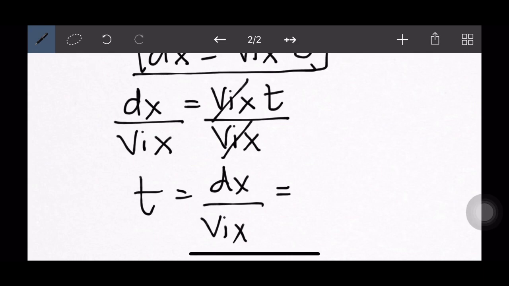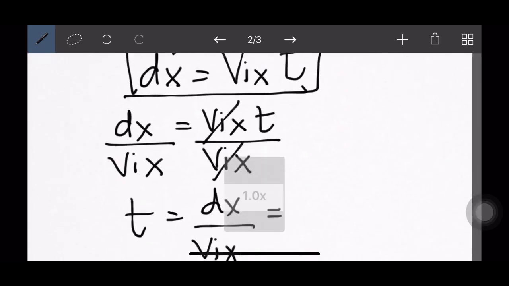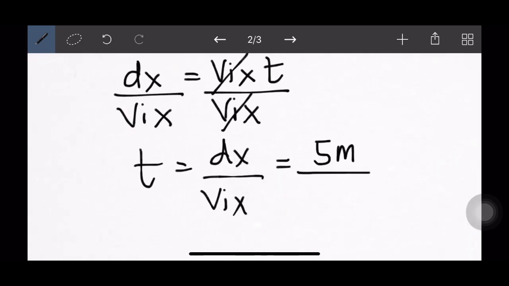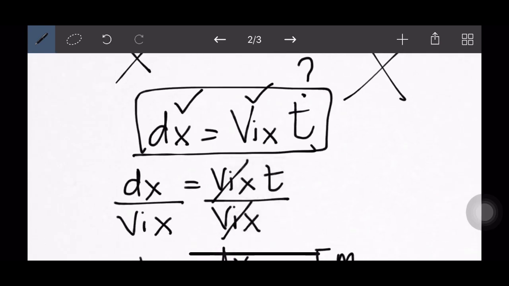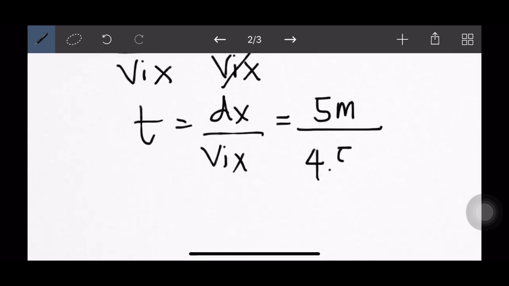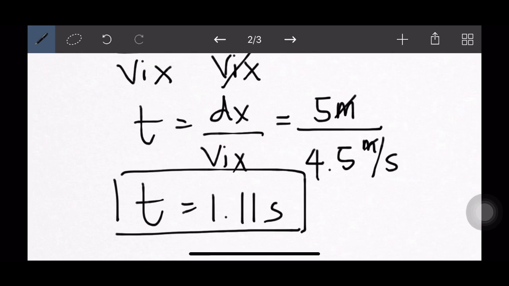Right, so the range of the projectile that is given, we have here 5 meters, then over the vix that's also given, which is 4.5 meters per second. Right, so you can cancel m and m. So the time using the calculator, you have here 1.11 seconds.